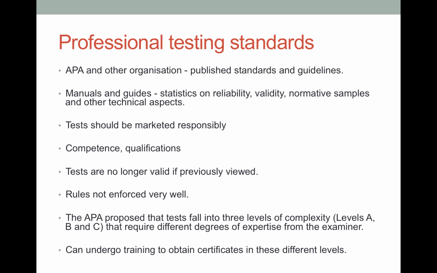The APA have proposed that tests fall into 3 levels of complexity, levels A, B and C, that require different degrees of expertise from the examiner. You can undergo training to obtain certificates in these different levels, but it is not obligatory.